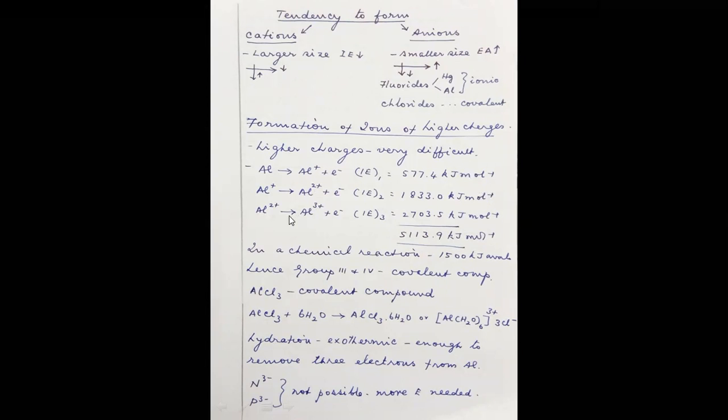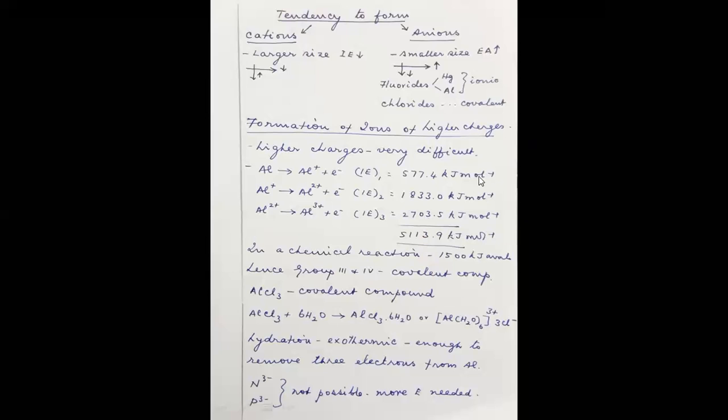And further removing an electron from Al2 plus to form Al3 plus is much more difficult. It is 2703.5 kilojoule per mole. If you sum up all these together, you get 5113.9 kilojoule per mole.